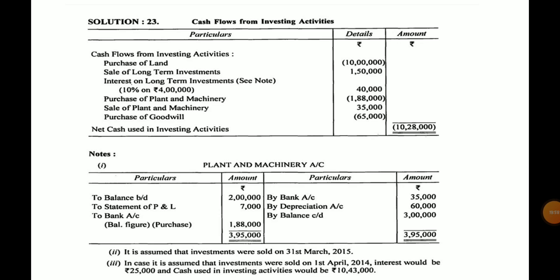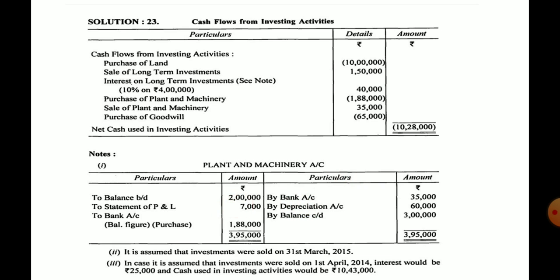So solving this question, cash flow from investing activity: sales of long term investment is 1,50,000. Check here 1,50,000, and interest on long term investment. Here working notes will be checked.